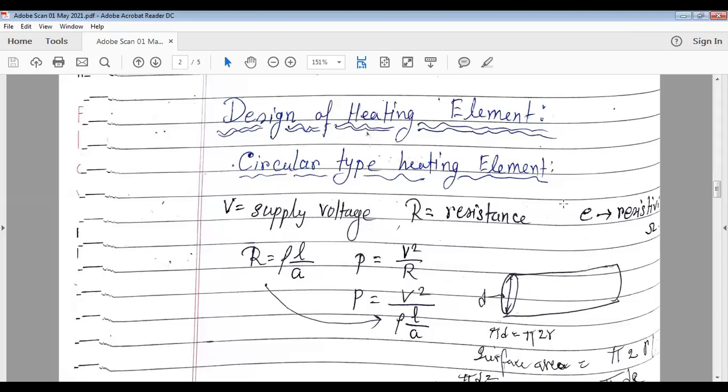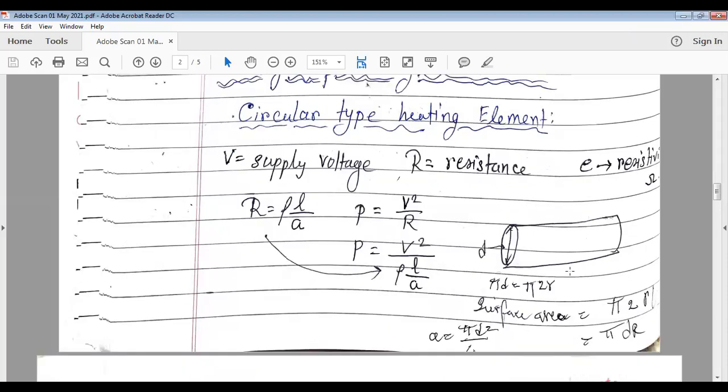Now you can see this is the diameter D, and this is a round shape wire.